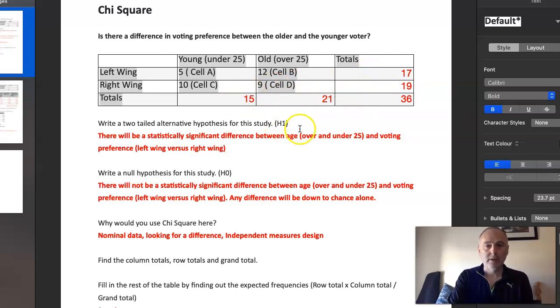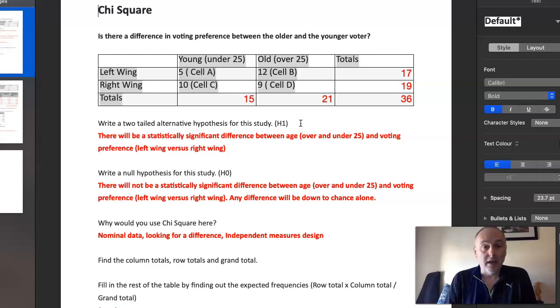The first thing it's going to ask you to do is to write a two-tailed alternative hypothesis for the study. In any case, we always write a null hypothesis and an alternative hypothesis. We've been asked to do a two-tailed alternative hypothesis. The two-tailed hypothesis basically just says that there's going to be a difference, but we don't know which way it's going to go.